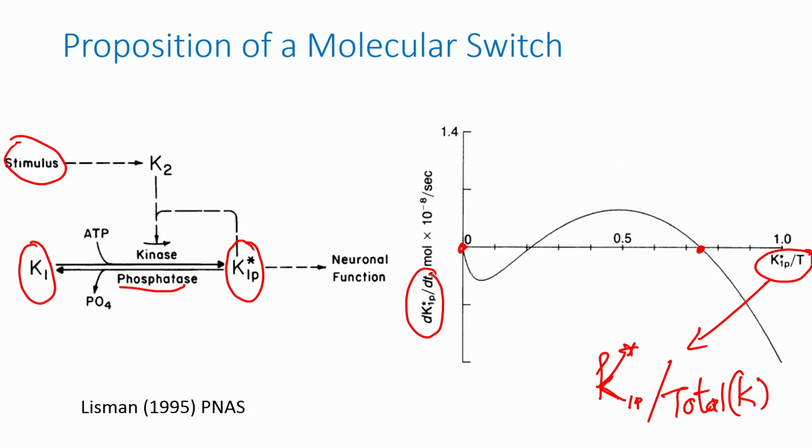This negative increase in the rate, which is the deceleration so to speak, will pull down the concentration back to 0, because you are reducing the rate at which the K1 activated state is forming, and the phosphatase is good enough to bring it back to 0.